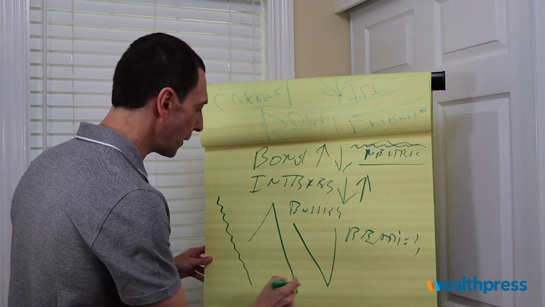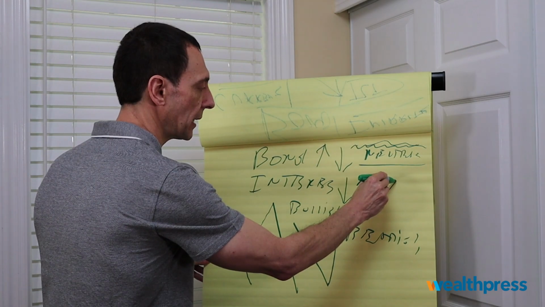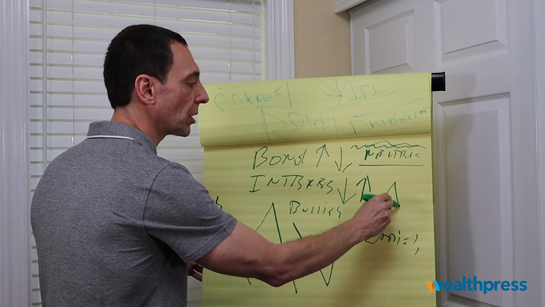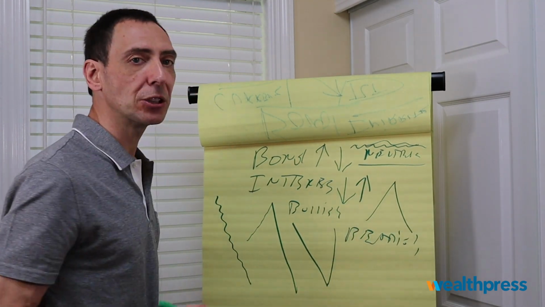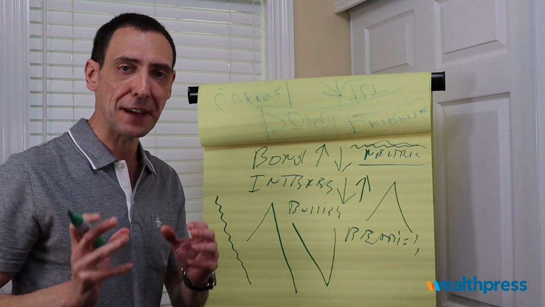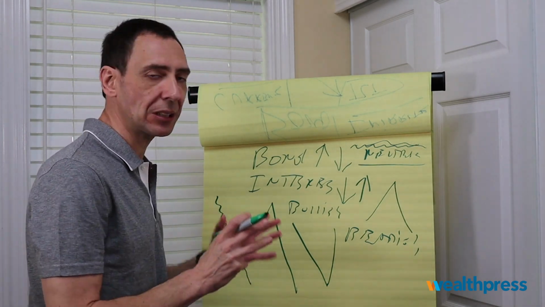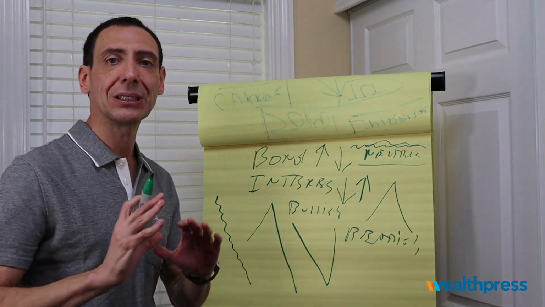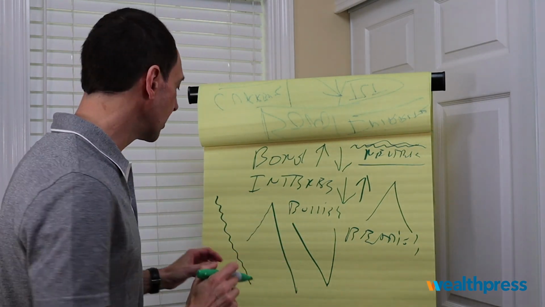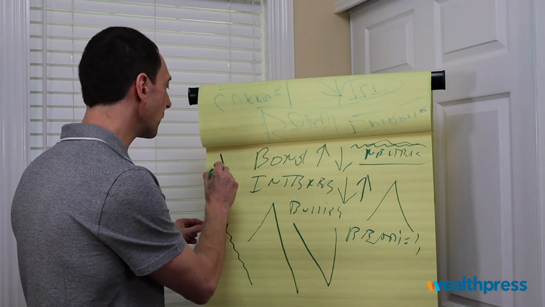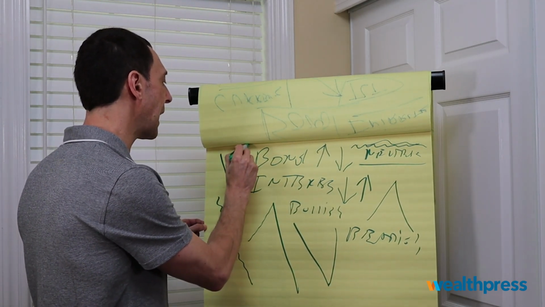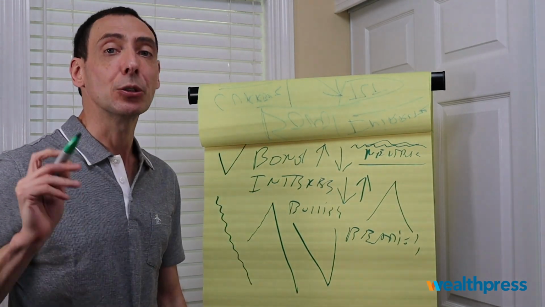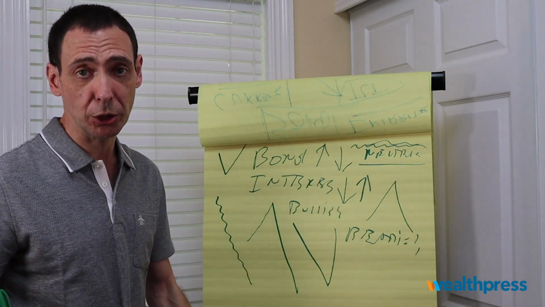When bonds are moving higher, all right, that means interest rates are moving lower, and that means traders are taking money out of fixed income and putting it in the stock market. And if bonds are neutral, we don't look at them at all. That means they have no impact at this time. So again, if bonds are moving lower, that means interest rates are moving higher, and that means you stay away from the stock market unless you want to go short.